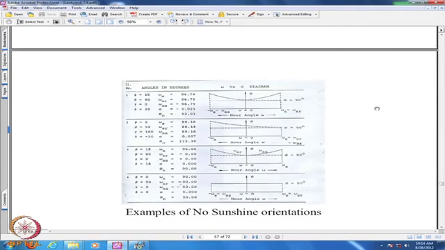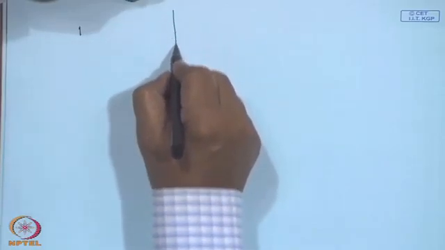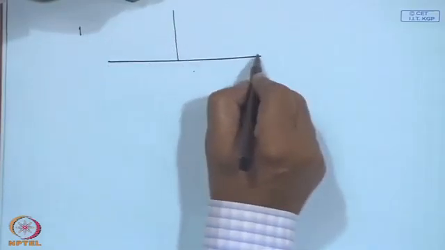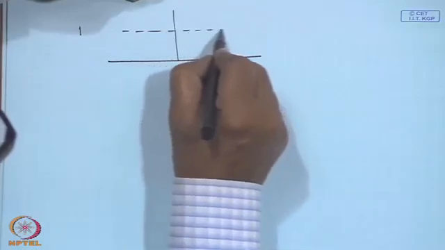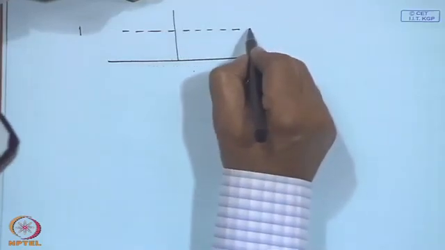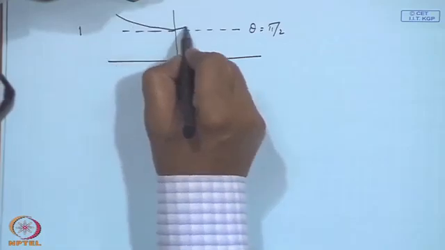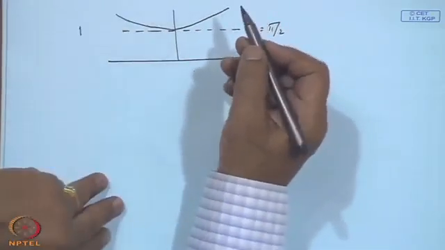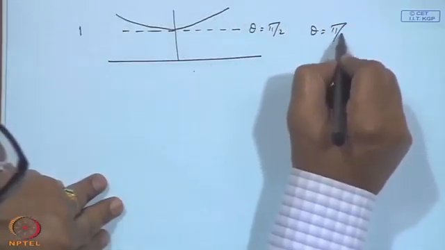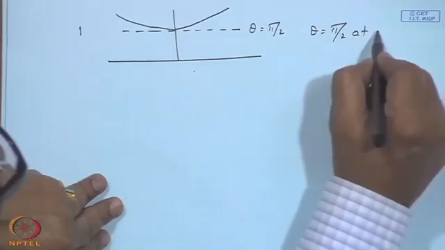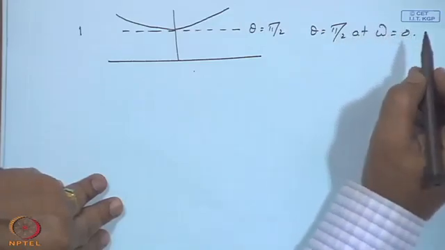These are examples of no sunshine under different cases. For example, the first one has a figure like this, so theta is equal to pi by 2 at omega equal to 0.